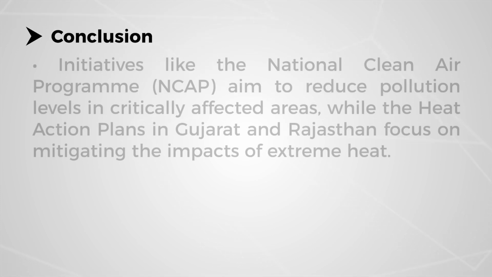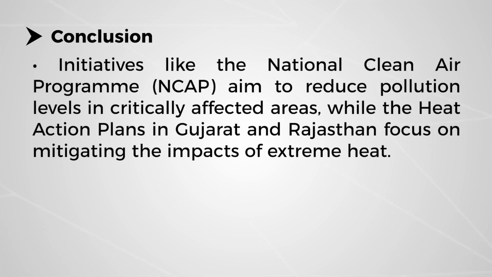So, initiatives like the National Clean Air Programme aim to reduce pollution levels in critically affected areas, while the heat action plan in Gujarat and Rajasthan focuses on mitigating the impacts of extreme heat.